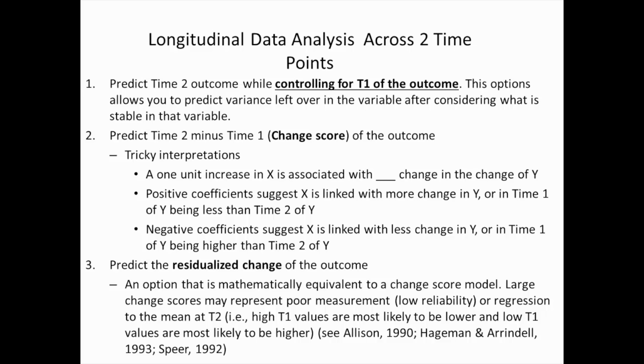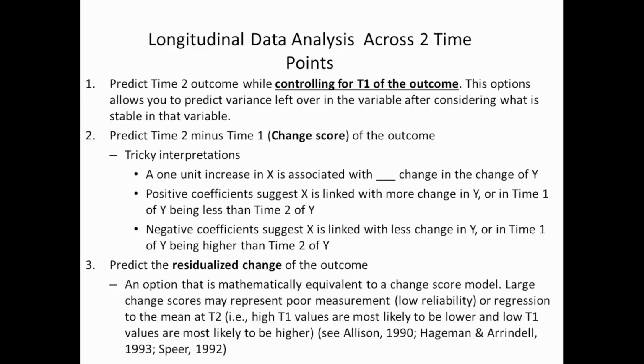One of the challenges with change score models is that interpreting the output or interpreting the results is sometimes difficult, because sometimes people change increasing while other people change decreasing.